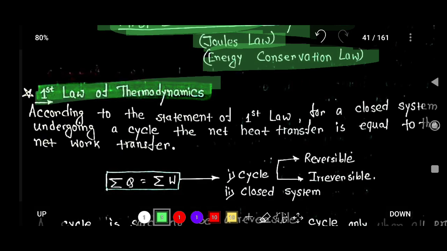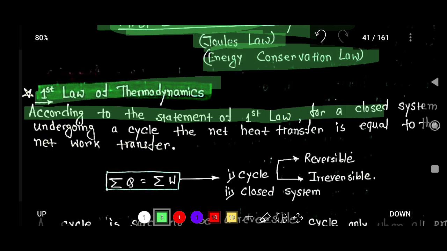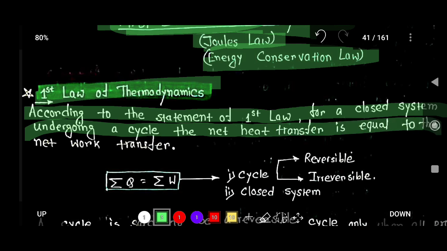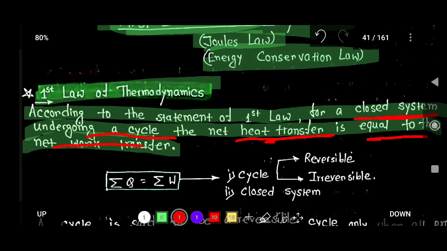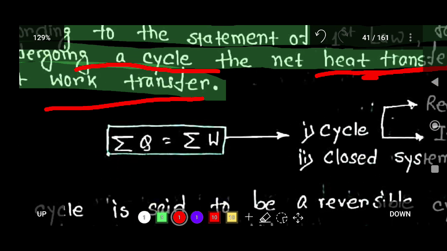According to the statement of the first law, for a closed system undergoing a cycle, the net heat transfer is equal to the net work transfer. So the formula is summation of Q equal to summation of W.